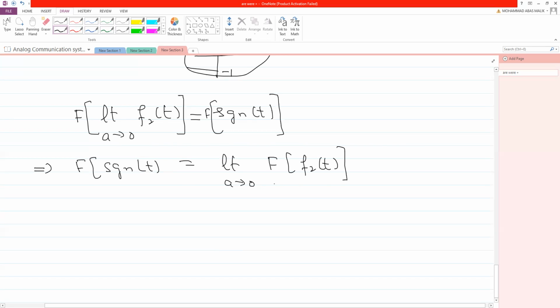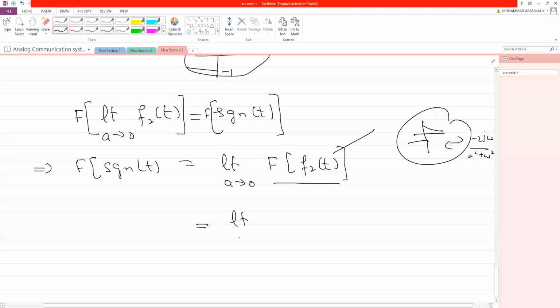And the Fourier transform of f2 of t, I have already mentioned, is minus 2j omega divided by a square plus omega square, right? Yes.